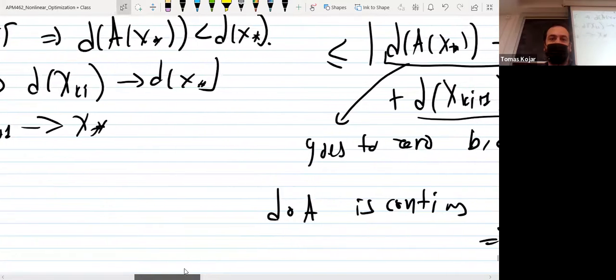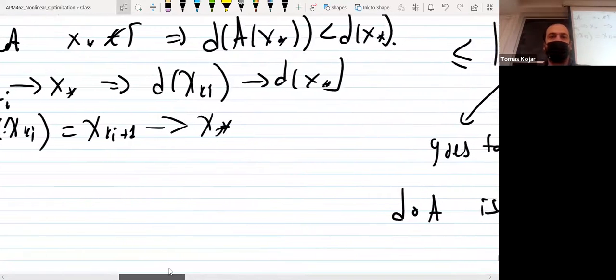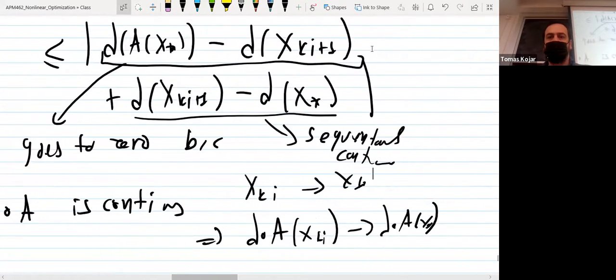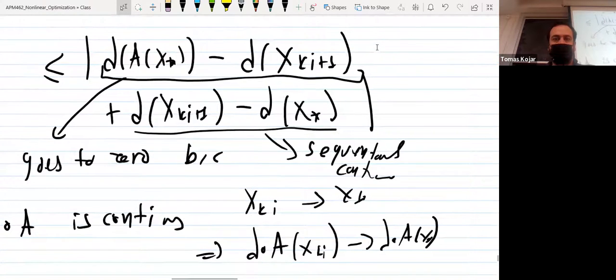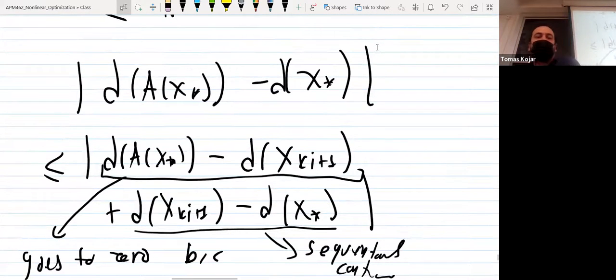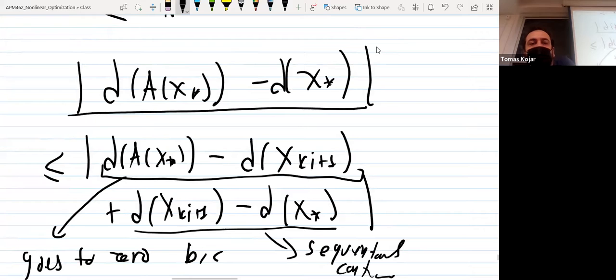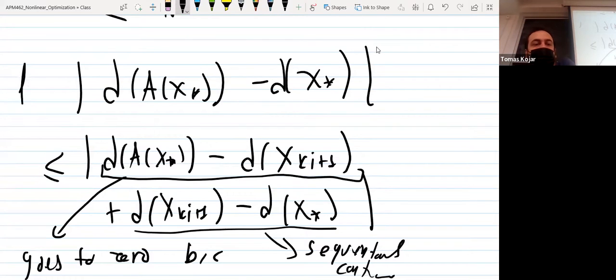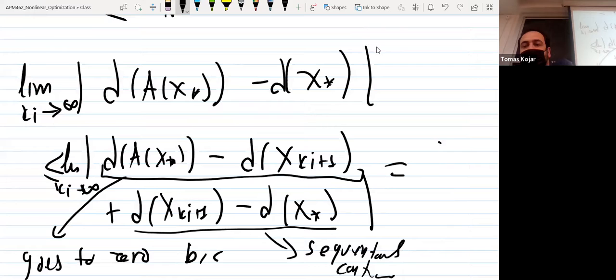Okay, and then so that proved, where is it? Upstairs. But here there is no ki. So you took the limit and it's itself, but the thing you bounded by is equal to 0.